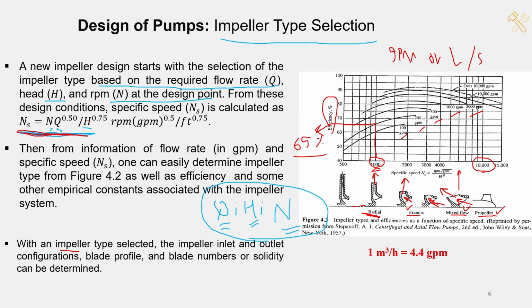If it's in between, then the impeller has to be designed this way. So based on the specific speed, you choose the impeller type. Once you choose the impeller type, you proceed and determine the appropriate physical dimensions of your impeller, like the impeller inlet, outlet configuration, blade profile, etc.